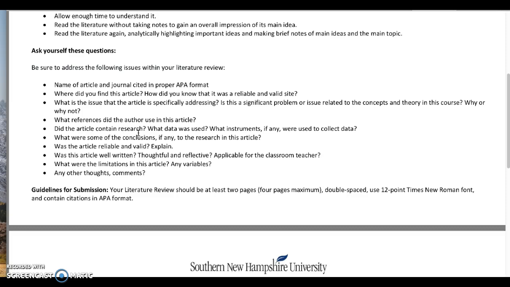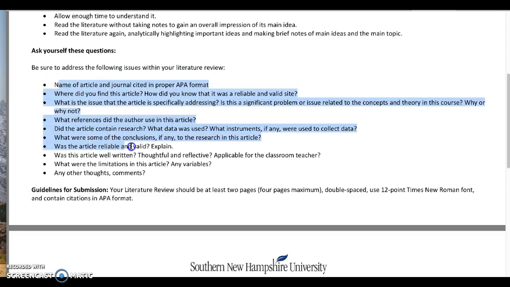So for this paper, you need to actually have articles with empirical data, studies that have been done that have firm conclusions. And if you look in the general questions board, you'll see a sample literature review. So you want to make sure that you talk about this and you put this in the form of a literature review, not question and answer.